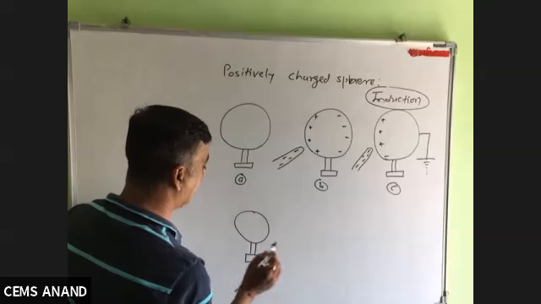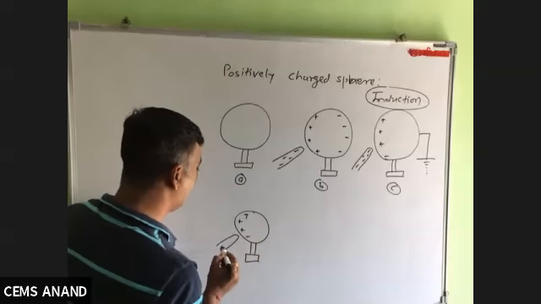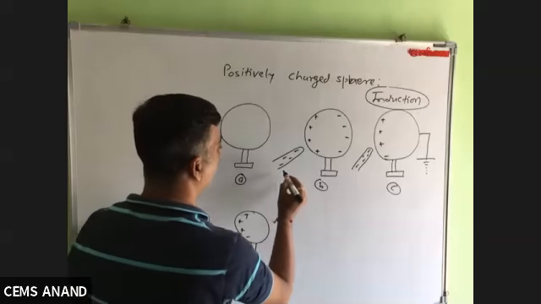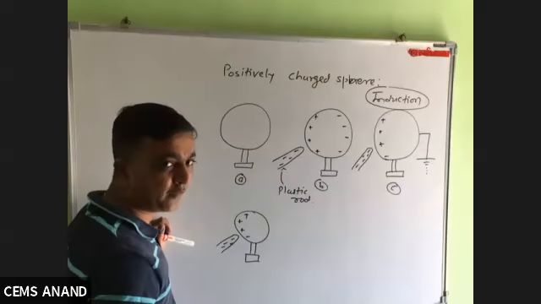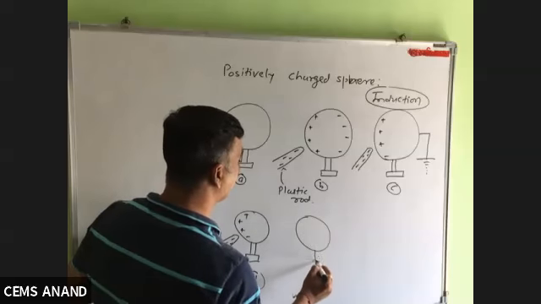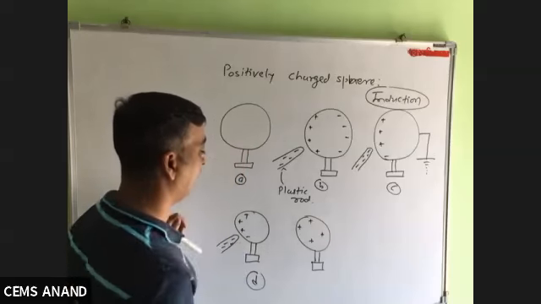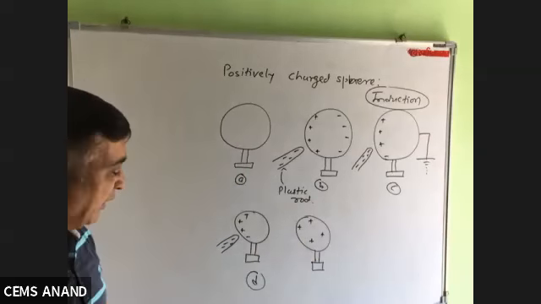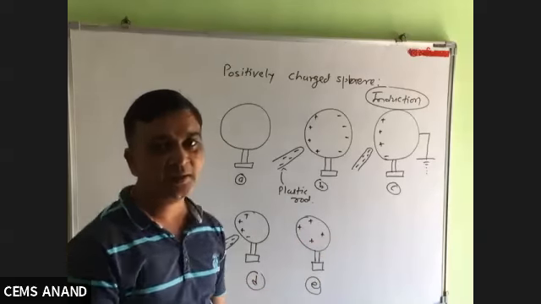Then let's remove that earthing. But still the rod is over there. And finally, let's remove that charged rod as well. Then we will have this kind of sphere, and we can see that this sphere is positively charged now. There is only positive charge present on the sphere.